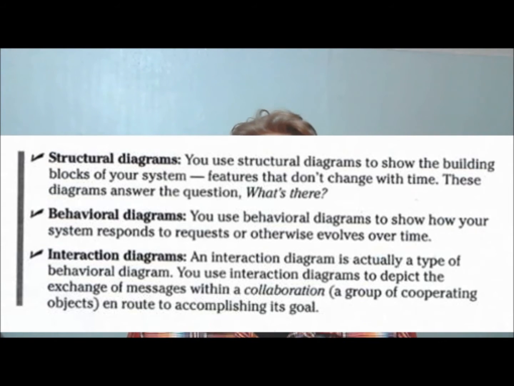Structural diagrams answer the question, what's there? The building blocks of what's there. Behavioral diagrams show how things change over time with the behavior that goes on. An interaction diagram is actually a type of behavioral diagram and shows how messages collaborate with each other within the structure that you've set up.